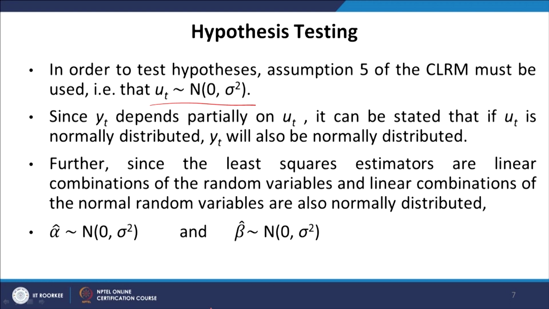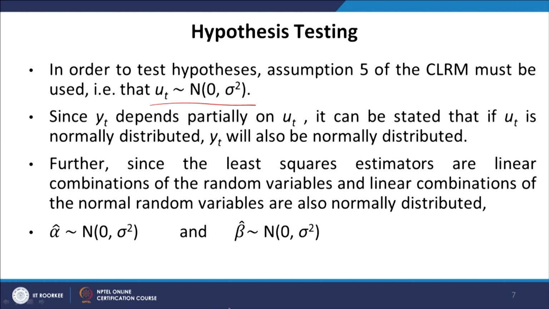Alpha hat and beta hat are estimated, and they can vary from sample to sample. But for one particular sample, x_t is a variable we can consider to be non-random once the sample has been collected. So, u_t follows a normal distribution and that is how y_t would follow a normal distribution.